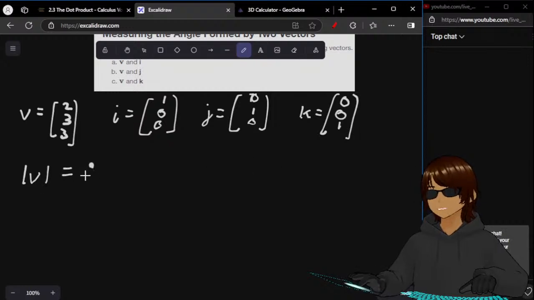Magnitude of V is 2 squared, which is 4, plus 9 plus 9. So we have 18 plus 4, right?